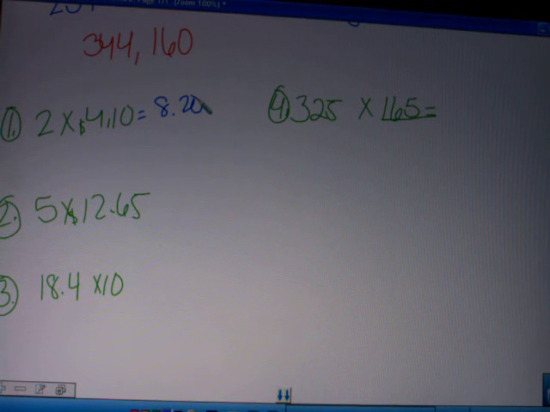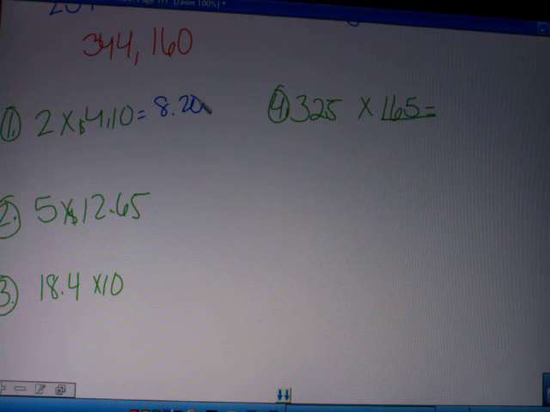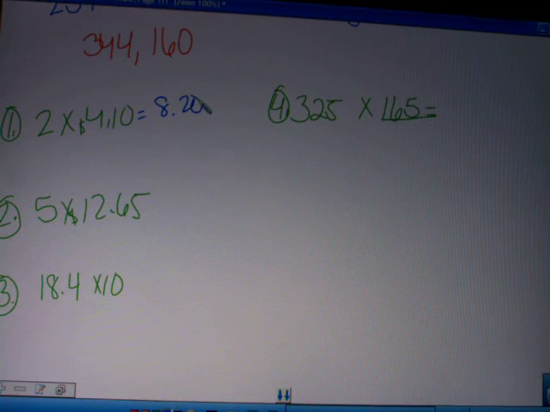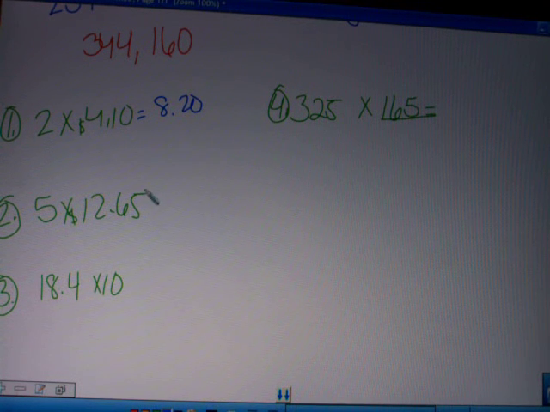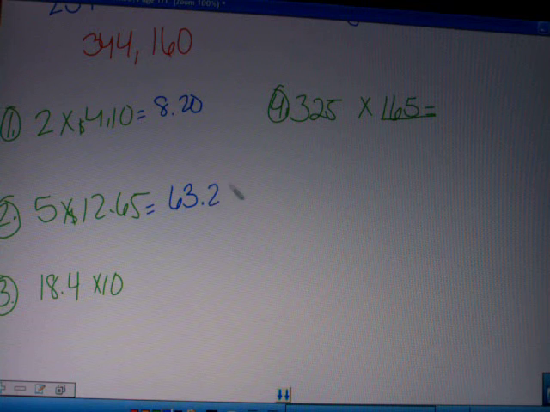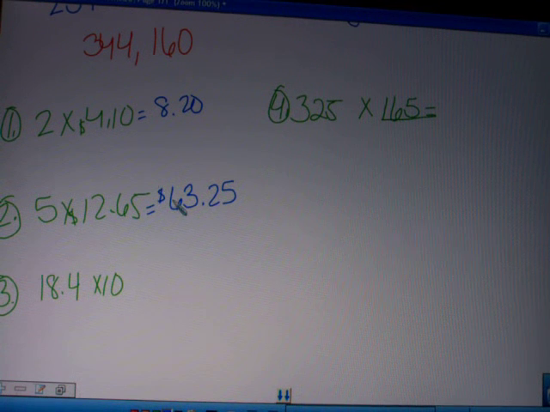And then when I solve 5 times $12.65, 12.65 times 5, you're going to get 63.25.